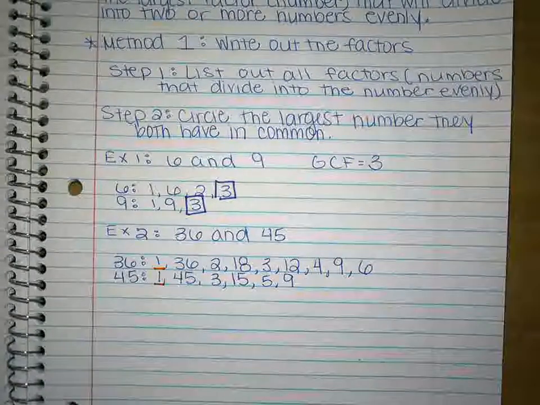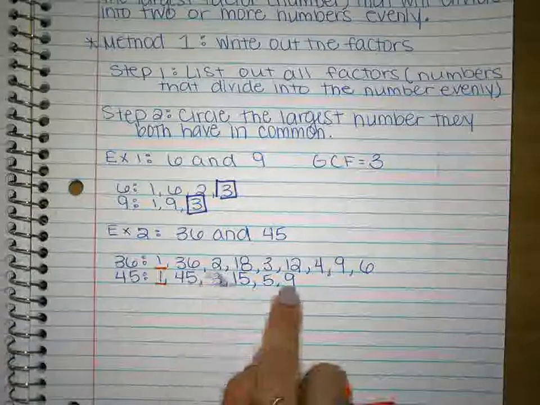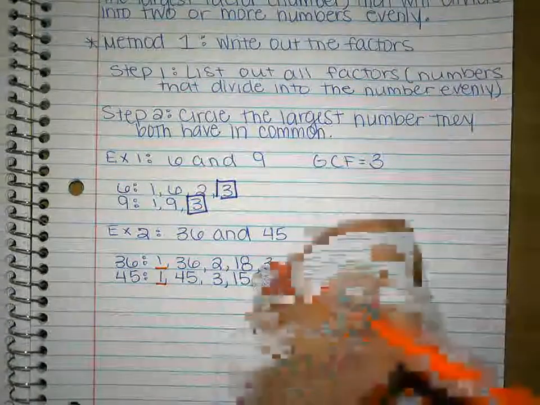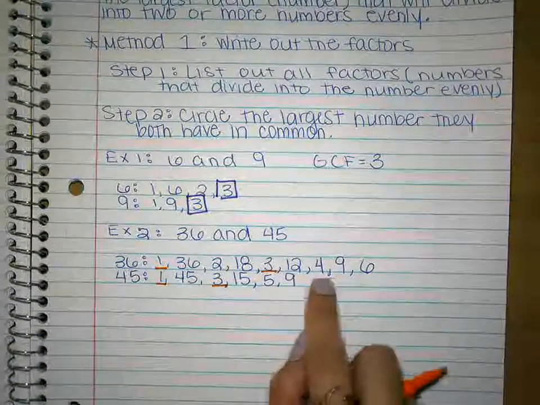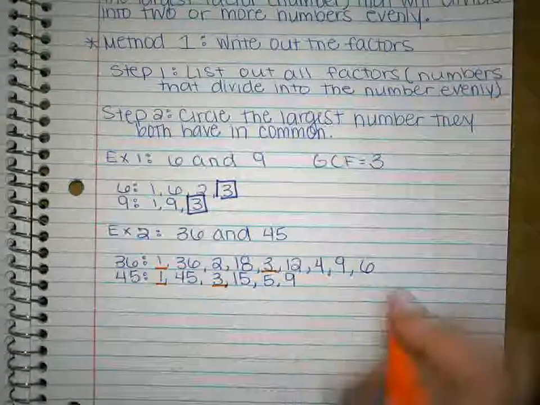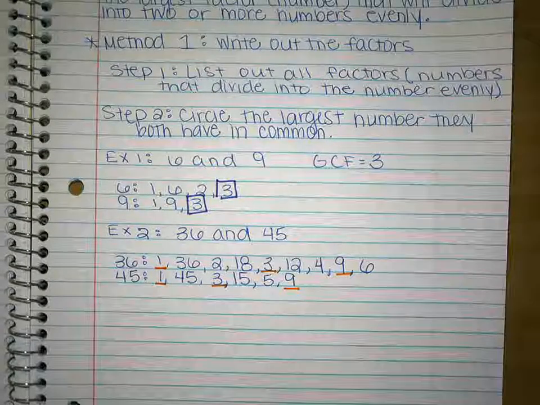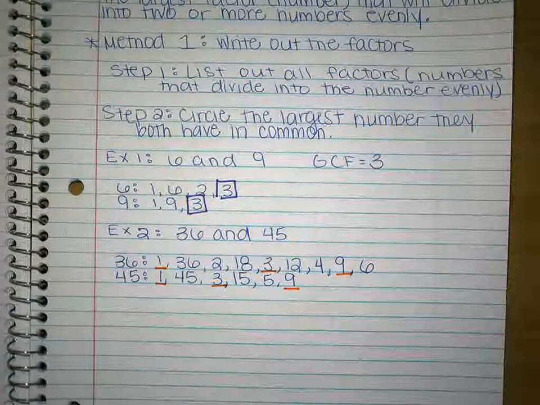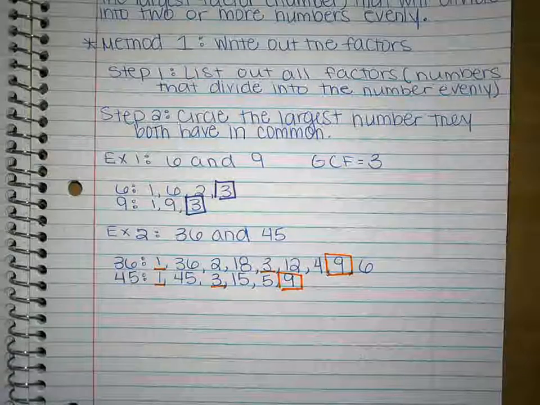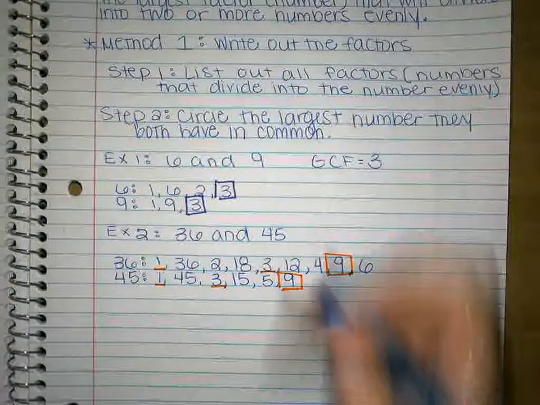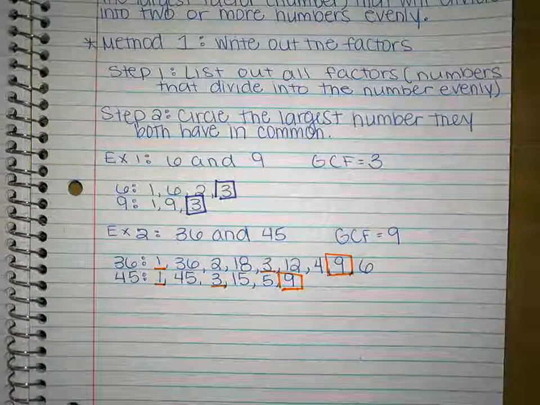Well, I see that we have a 1 in common, but I'm not circling it yet. 36, no. 2, no. 18, no. There's a 3, so I'm going to underline that so I know it's there. 12, no. 4, no. 9, yes. 6, no. So the largest number that I underlined between a 1, 3, and 9 is 9, which means my greatest common factor of 36 and 45 is 9.